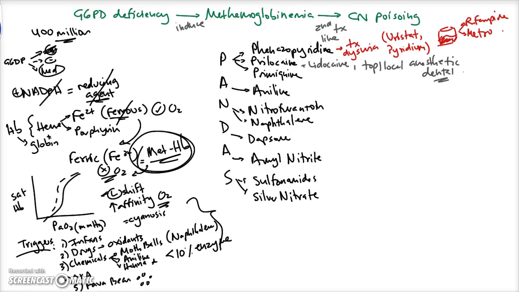Primaquine, you will recall, is often also used with chloroquine to prevent relapse of malaria. It is not safe to use in pregnancy, and it is contraindicated in, guess who? G6PD deficient individuals. Okay.